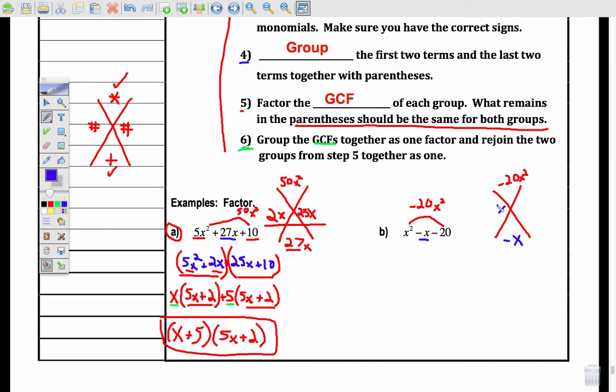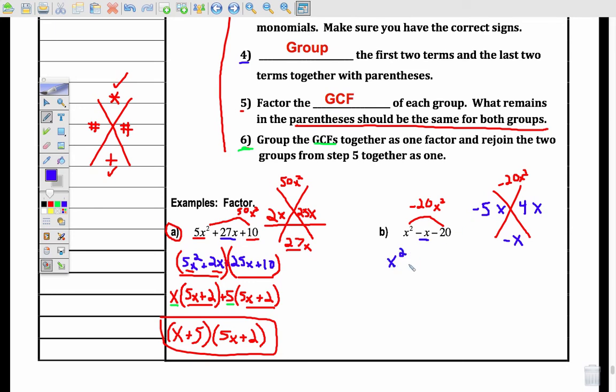Think negative 20x squared. I know I'm going to have an x. And I'm thinking negative 5 and 4. Because negative 5x plus 4x would give me negative x. Negative 5x times 4x would give me negative 20x squared.